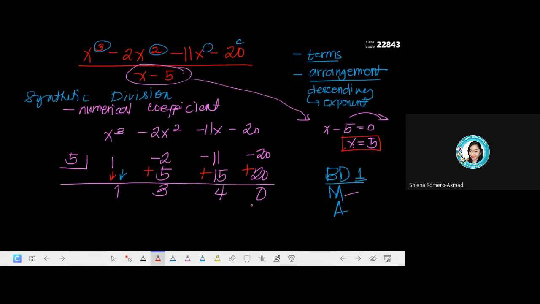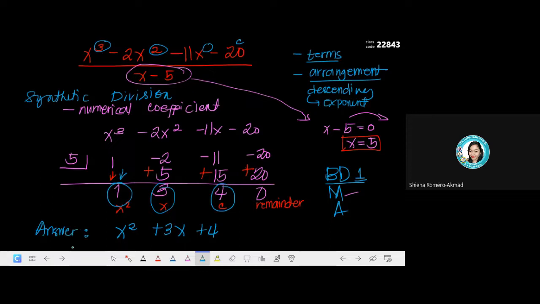Tandaan nyo na yung 0 will be the remainder, yung last digit sa ating solution is the remainder, yung sunod ay yung constant, yung kasunod nun ay yung may variable x, at yung kasunod naman nun ay may variable x squared. Okay? So, magiging final answer natin here is x squared plus 3x plus 4. And there is no remainder. So, this will be our answer.